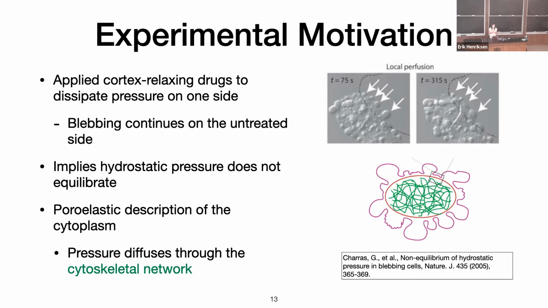Depending on how far I get into the presentation, they do propose a universal scaling law, which I don't see the exact same thing. So it's not clear that a poroelastic description would be applicable to every cell type.